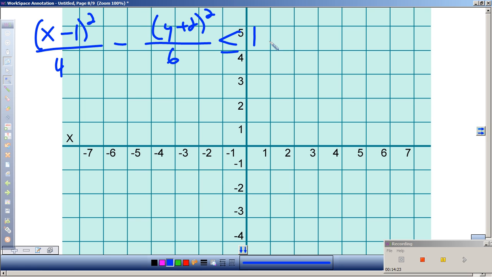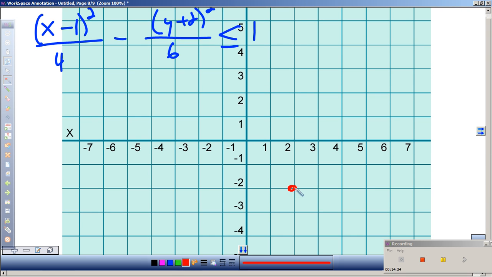Okay, so where's the center for this? 1, negative 2. Right there's the center. What if I want to move it over? I'm just going to rewrite that as 2.